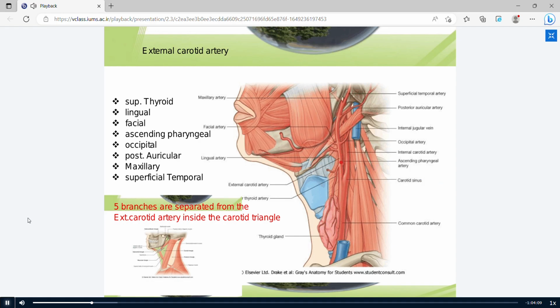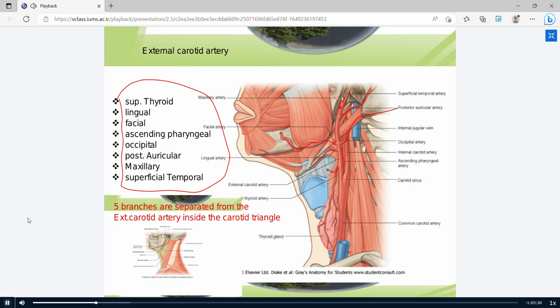But the external carotid artery in the neck has 6 branches. This one. Superior thyroid artery, ascending pharyngeal artery, lingual artery, facial artery, occipital artery, which goes to the posterior part of the skull, and posterior auricular artery, which goes to the ear.